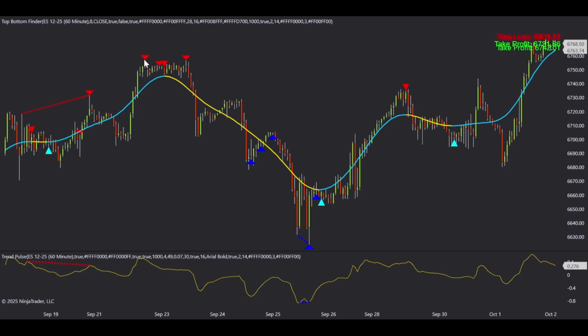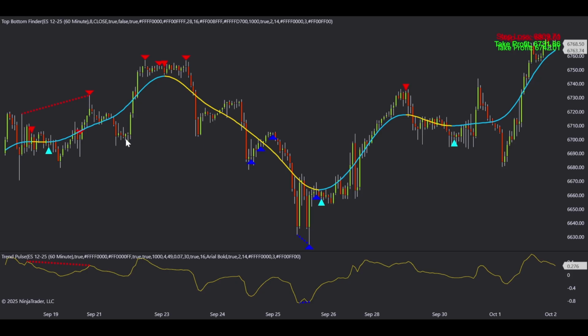And that's what this is telling us here with this sell signal from the trend pulse. We have another one here. And then the top bottom finder, as this line changes from blue to yellow, is indicating also that a top is in. Now we do see one more poke above, but it does not take this high, and then we just see it completely fall.